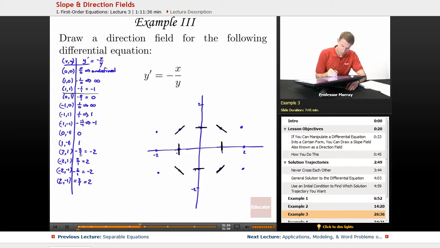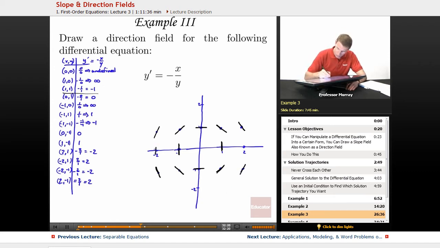2, 1 gives me a slope of negative 2, so that one's more steep. Negative 2, 1 gives me a slope of 2, so that one's more steep. Negative 2, negative 1 gives me a slope of negative 2. Steep line there. 2, negative 1 gives me a slope of 2. And you start to see a pattern emerging there.